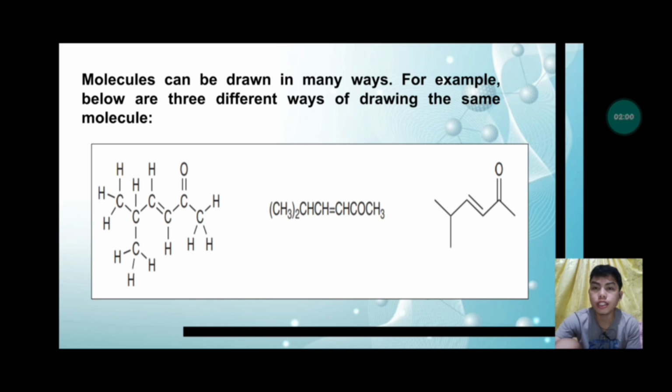So here, molecules can be drawn in many ways. For example, below are three different ways of drawing the same molecule. Here on the left side, we have the Lewis structure, in the middle we have the condensed formula, and here on the right side, that is the line diagram, or what we call the skeletal formula.